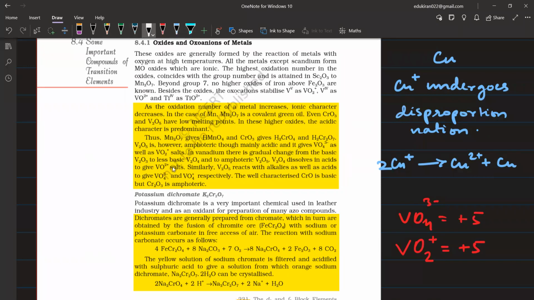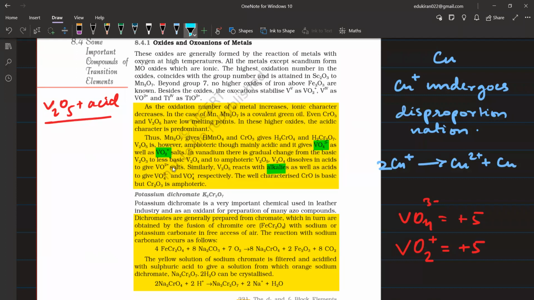देखिए V2O5 को अगर आप, when you react V2O5 with acid, then आपको ये दोनों मिलेंगे. VO4 3 negative and you will get VO2 positive. When you react it with alkali, V2O5 reacts with alkalis as well as, so यहाँ पे उन्होंने as well as लिख लिया है. This is strange.